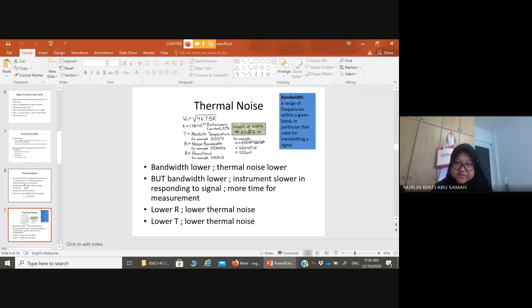So when you lower the temperature, you will lower the thermal noise. That is the method we can use to overcome thermal noise.